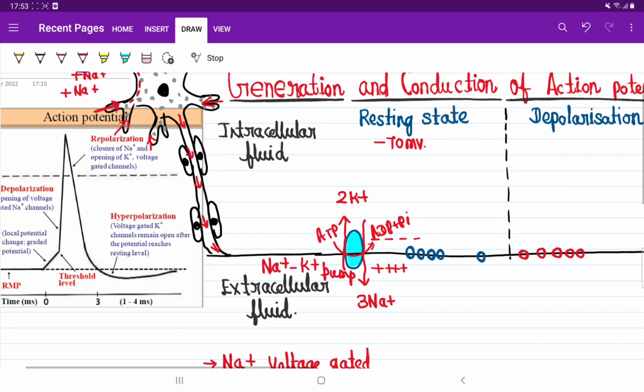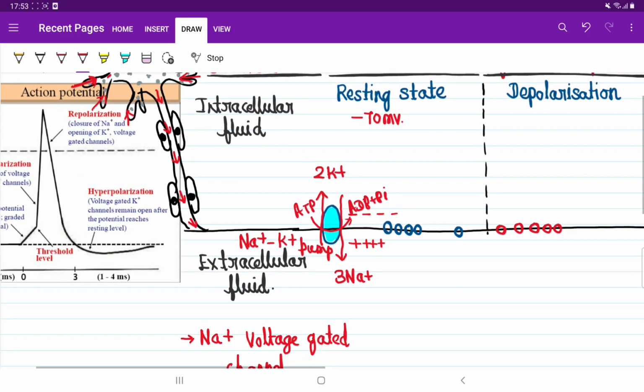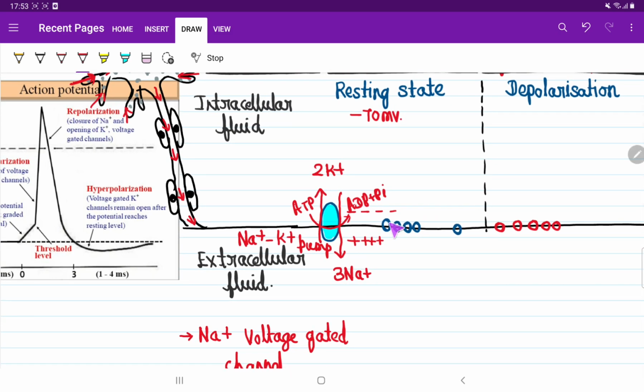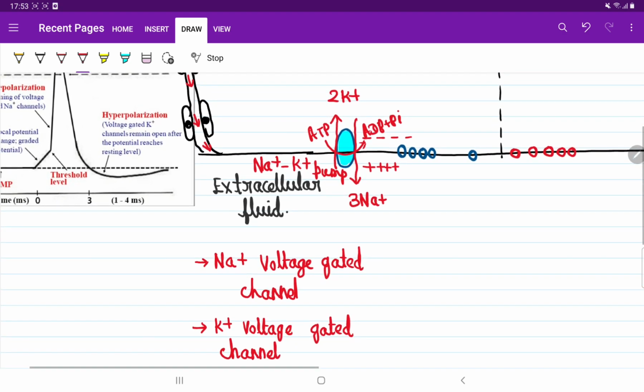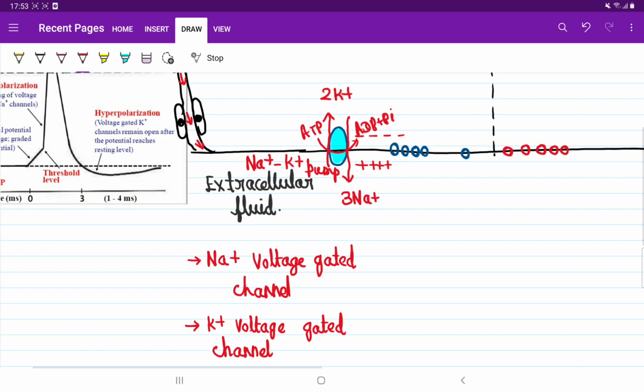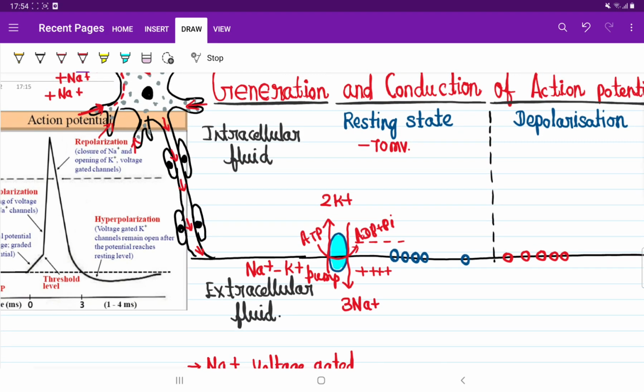Then at the resting state, it is observed that the potassium ion voltage gated channel works. What is this potassium ion voltage gated channel? In the plasma membrane of the neurons, there are some proteins which facilitate transport of potassium ion as passive transport. We all know inside the plasma membrane the concentration of potassium ion is very high.